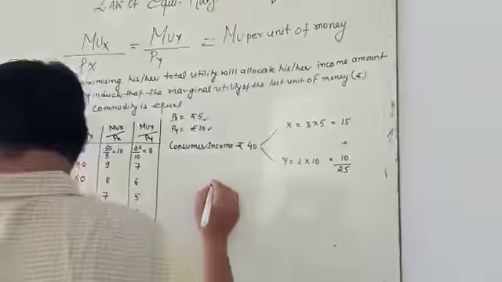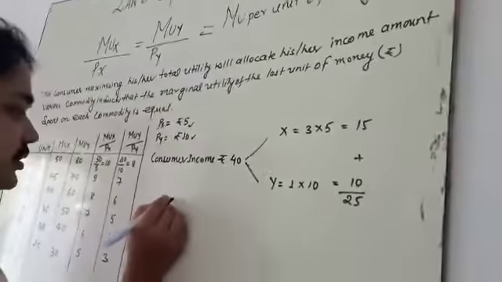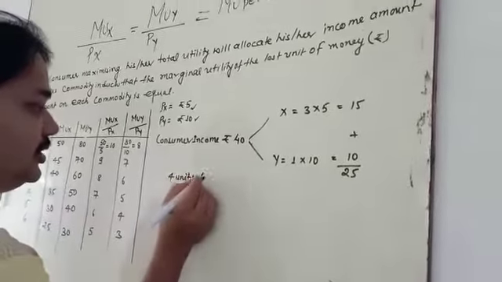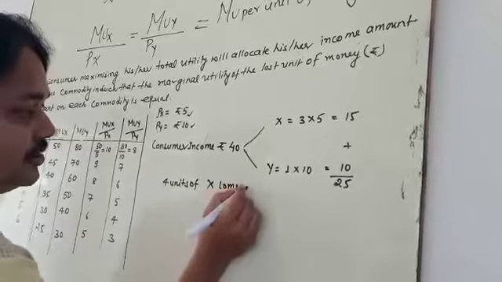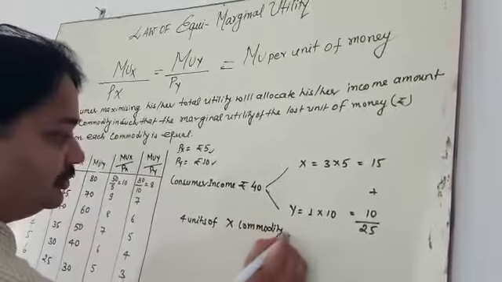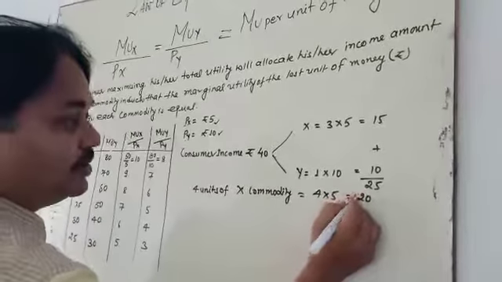With the help of another adjustment, you find out if he takes 4 units of X commodity: 4 into 5 is equal to 20 rupees.